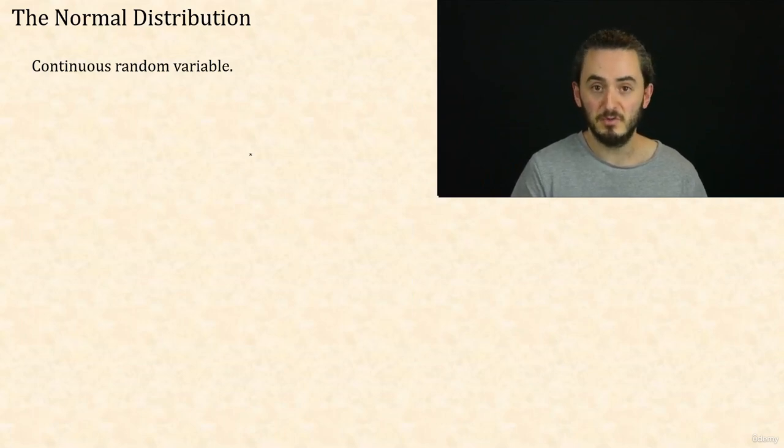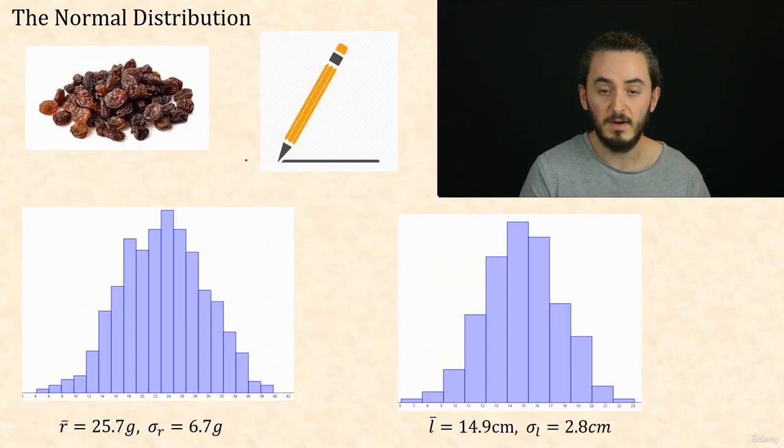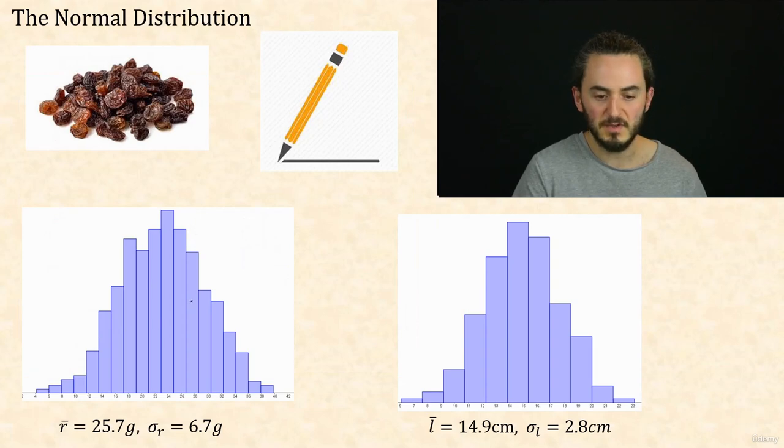So what is a normal distribution? Well, a normal distribution is what you'd get if you took any of these histograms. This is probably about 1,000 raisins, believe it or not. This is probably about 2,000 lines.